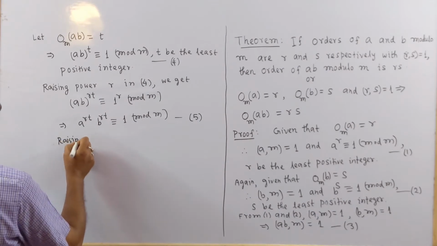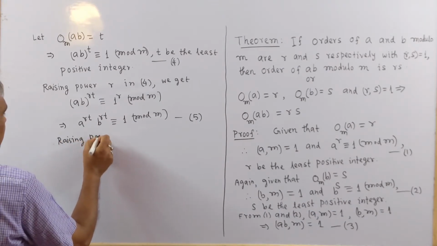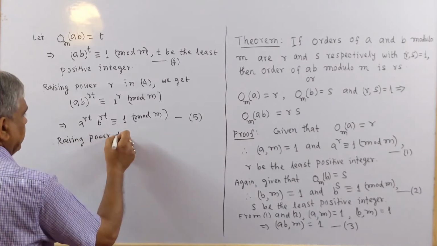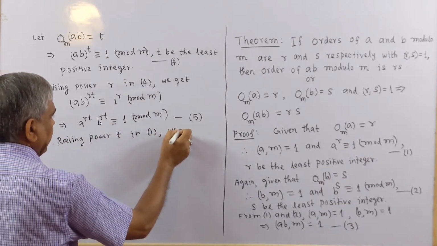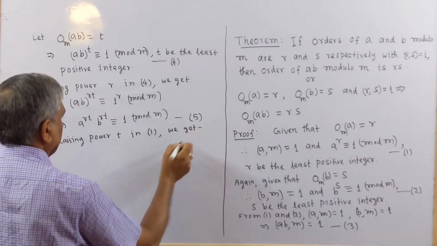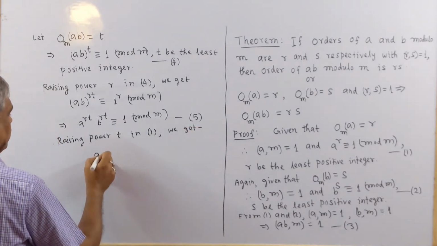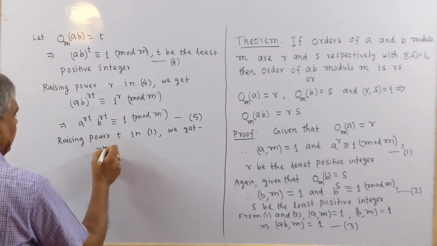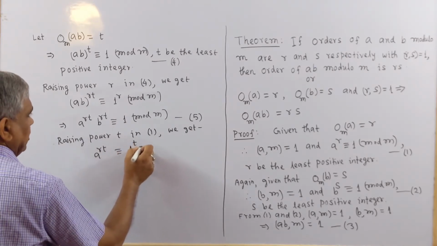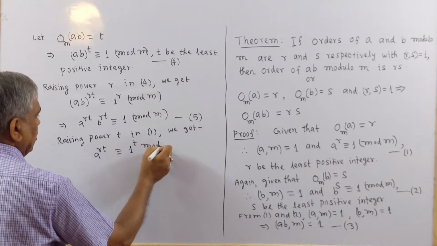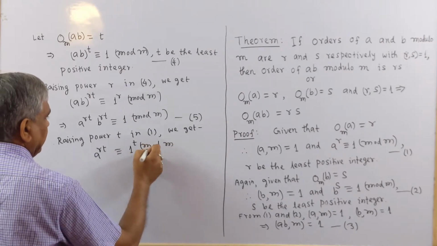Raising power t in 1, we get a to the power rt is congruent to 1 to the power t modulo m.